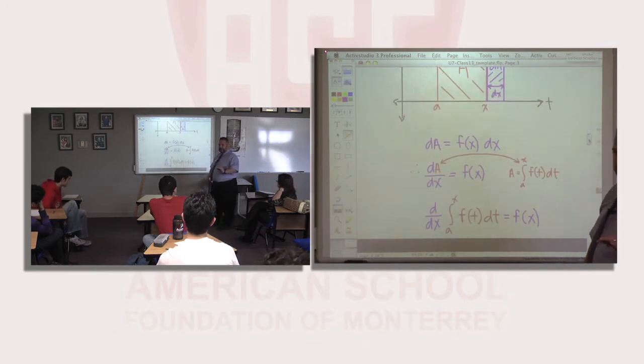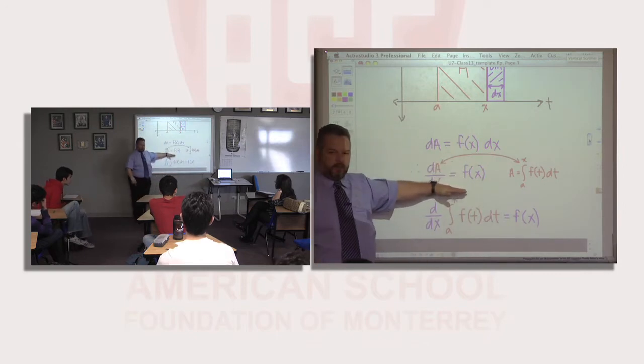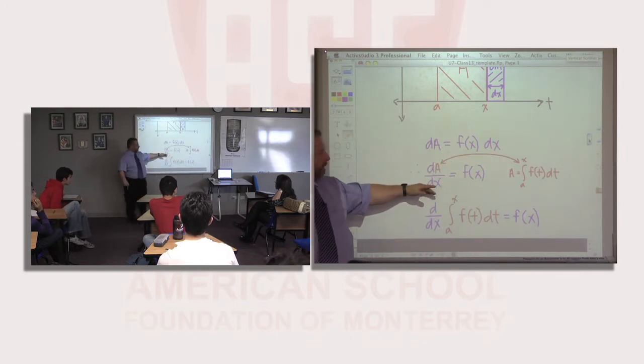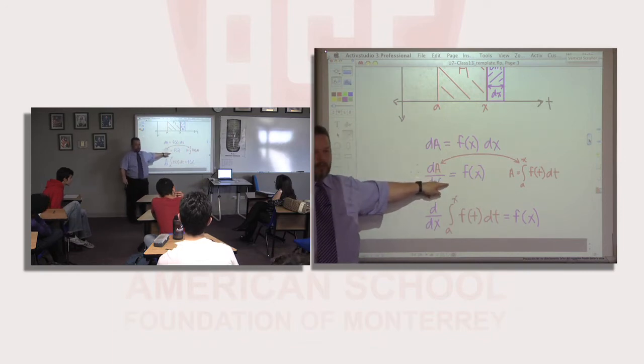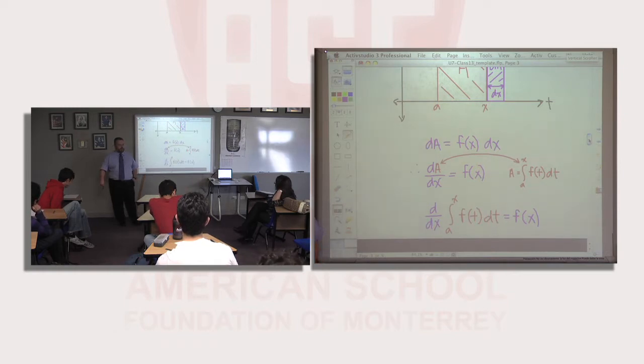Well, for me, I think the easiest way to think of what it means is to look at this piece right here. What does that tell me? Anyone want to interpret this? I think it's much easier than you think.